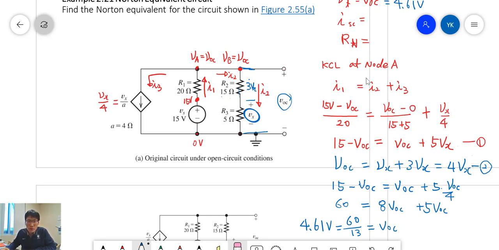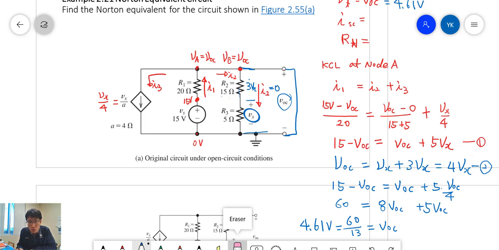And next is the short circuit current. Intentionally, we connect the terminals with a short circuit. There is no resistance, so the current flows in this direction.